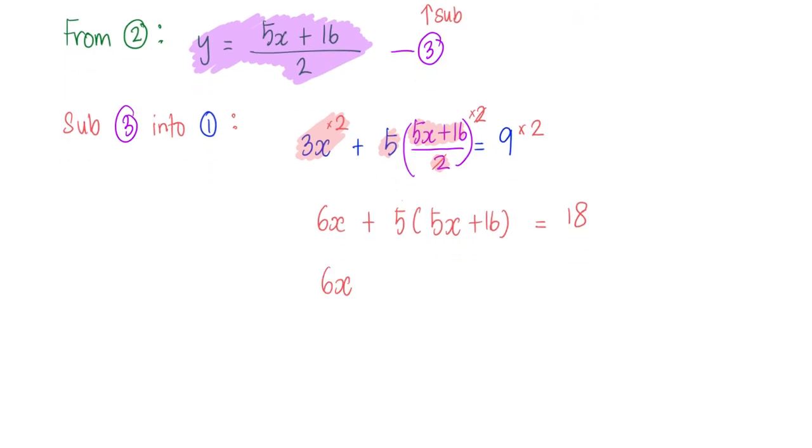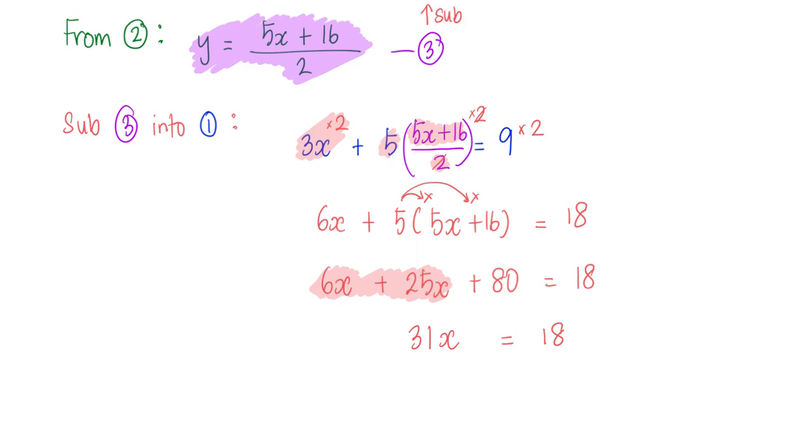So 6x plus 25x, and 5 times 16 will be 80. And let's continue to solve it. 6x plus 25x gives me 31x plus 80 equals 18.